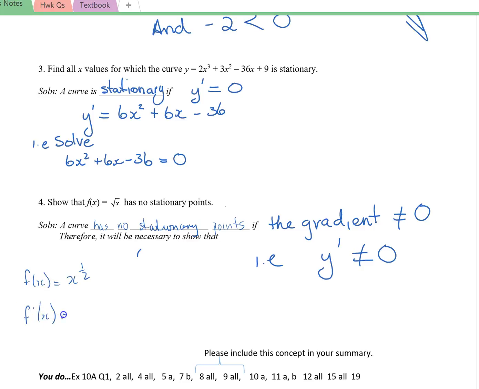Find an expression for the derivative, a half x to the minus a half, which is 1 over 2 square root of x, and x can never equal 0 as it is in the denominator. So what have we shown? We can see that the first derivative can never be 0. If the first derivative can never be 0, there are no stationary points.